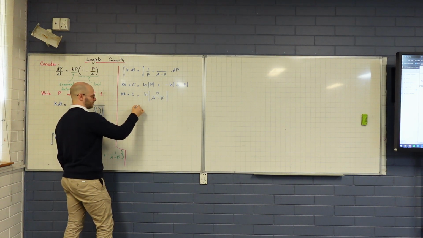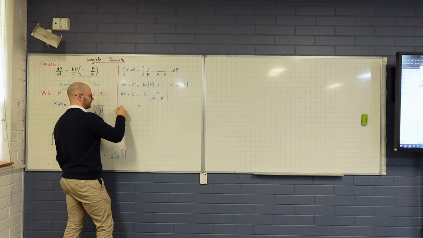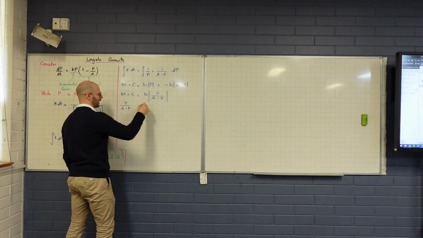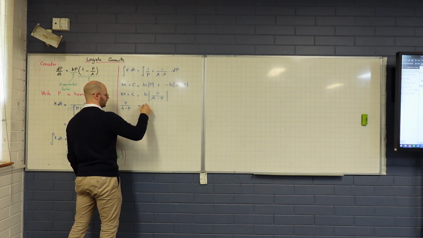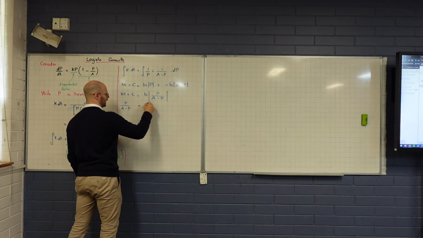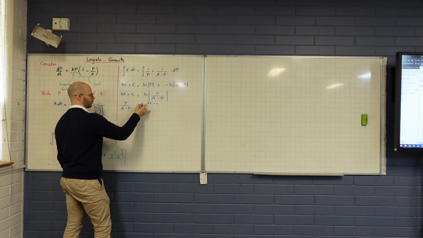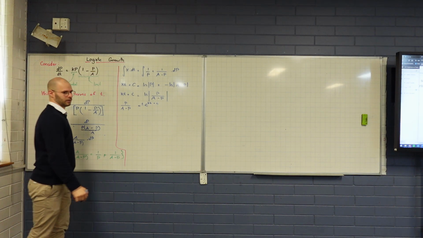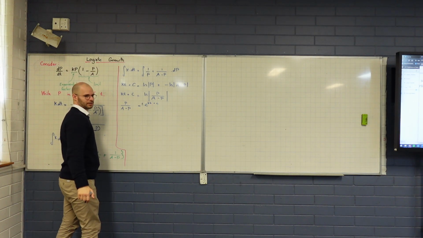From there, we reverse it around, so a take p all over p. We remove the logarithm by raising everything to a base of e. So this is going to be e to the kt plus c. And this is plus or minus because we've opened up a logarithm, because it's got the absolute brackets there.